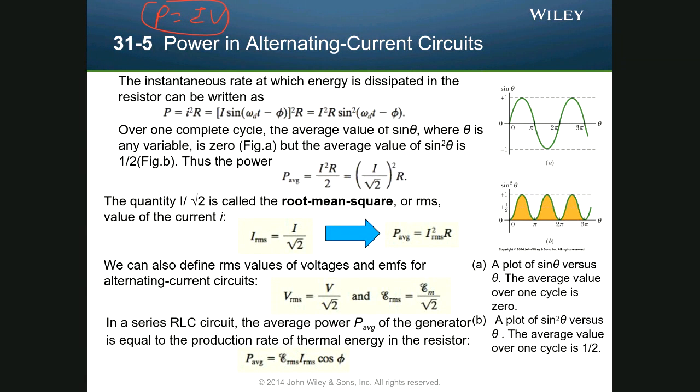So if we say that the average power is going to be equal to I squared R over 2. You'll notice we can look at, because I is proportional, right? Or wait a minute.